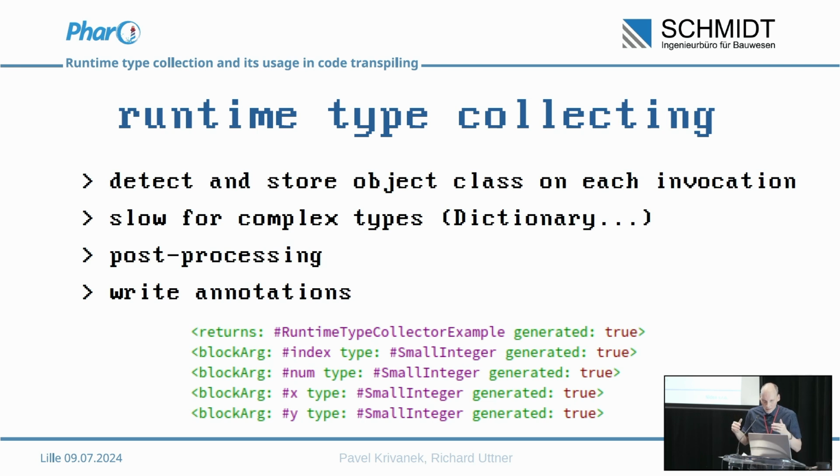When the metalink is invoked, we activate it. We look at the values, actual objects, and analyze the type and store it somewhere.